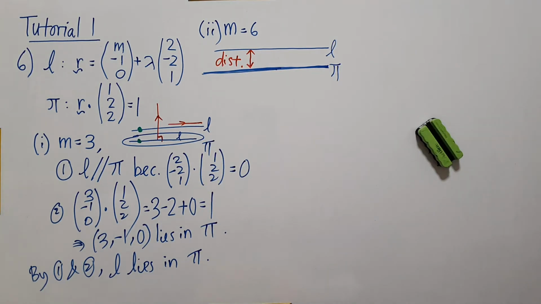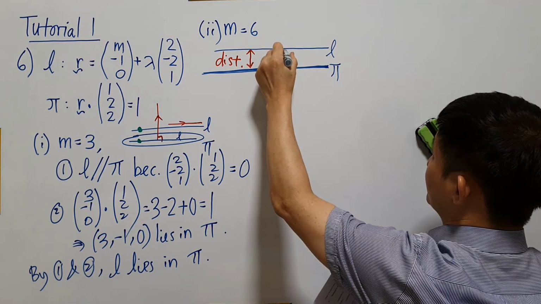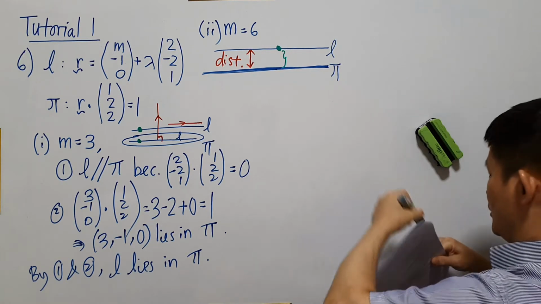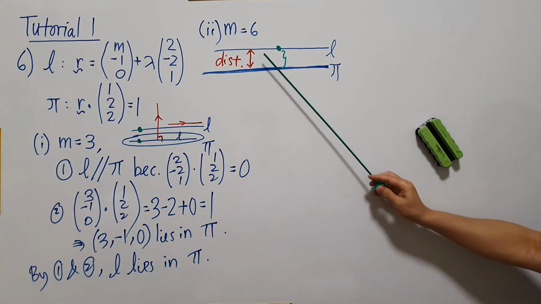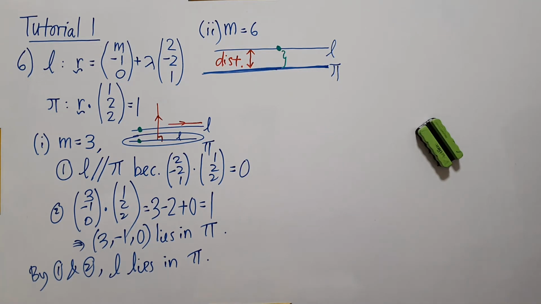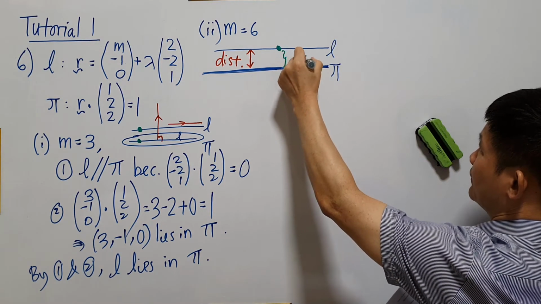To find the distance from a line to a plane, given that they don't meet, is the same as finding the distance of a point on this line to the plane. Agree with me? To find the shortest distance from a line to a plane is just the same as the distance from a point on the line to the plane, right?